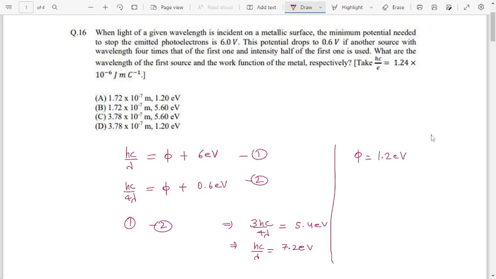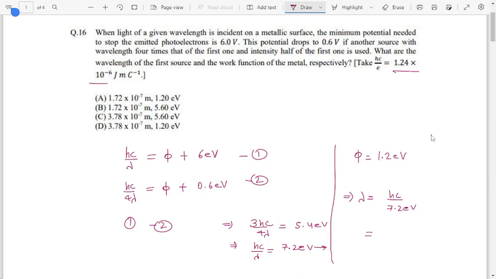Hence, from the first equation, we have already found the value of hc by lambda. So from here, let's calculate the value of lambda. Lambda is equal to hc upon 7.2 electron volt. Now, if you think carefully, they have given the value of hc by e, which is 1.24 into 10 to the power minus 6.